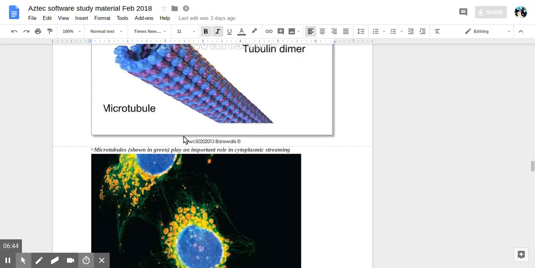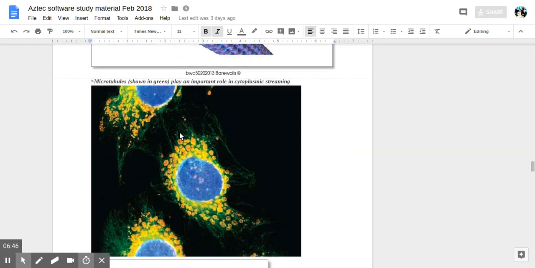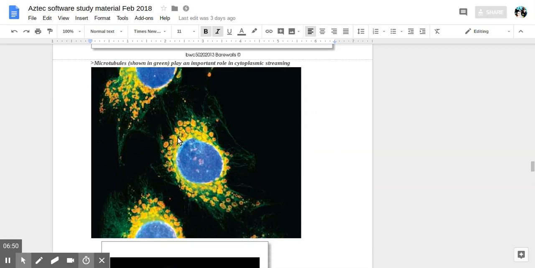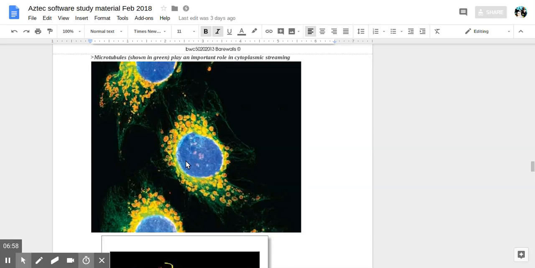That's what it looks like. It's like a long cylindrical filament. These are the cells, and I believe the biggest part of the cell, in blue, is the interior.